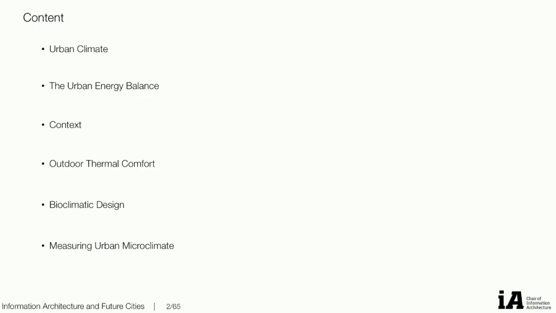Then I'm going to give you a context about why it is important to study the climate in the city. I'm also going to introduce outdoor thermal comfort, then bioclimatic design, which I'm sure most architects know a little bit about. And then at the end, I'm going to show you some tools to be able to measure the climate in the city.